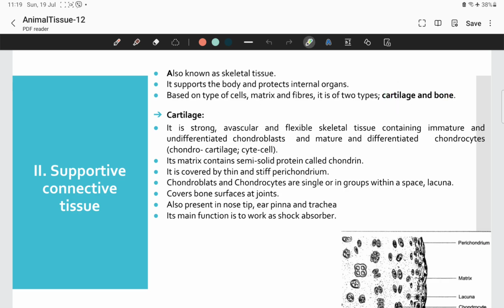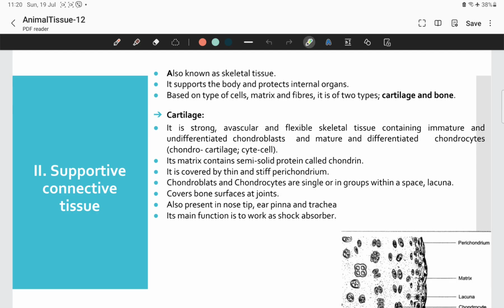Since they form the bone, it is also known as skeletal tissue. Since it forms our body framework as well as protects internal organs, it is a very important connective tissue in our body. The first type of supportive connective tissue we'll discuss here is cartilage. We all have seen cartilage.